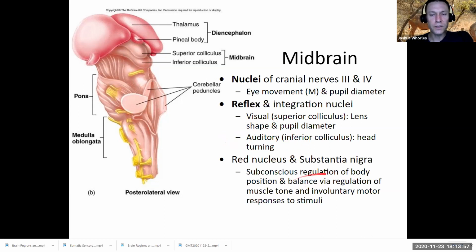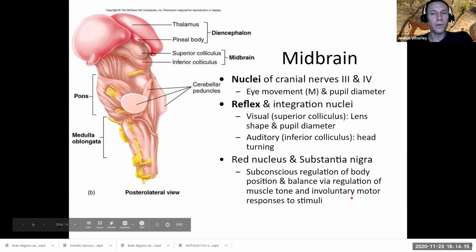And then there's the subconscious regulation of your body position, your balance. You don't think about these things, but you automatically do it, including muscle tone in particular muscle groups that are activated or not active, or even those that just require a little bit of muscle tone all the time, like a lot of the sphincter muscles that guard the exits to your body.